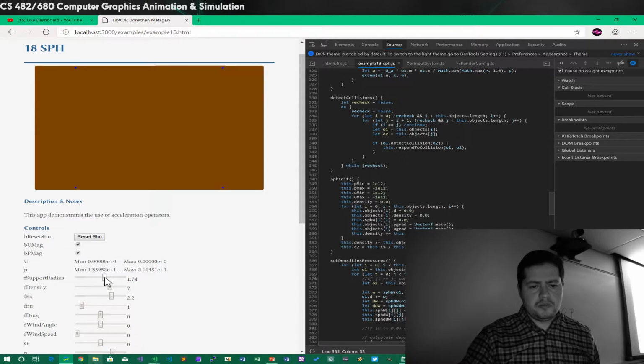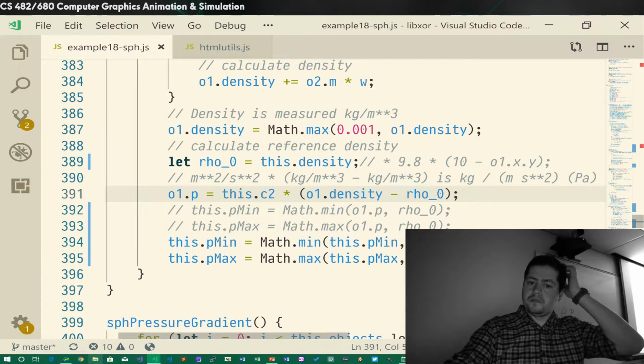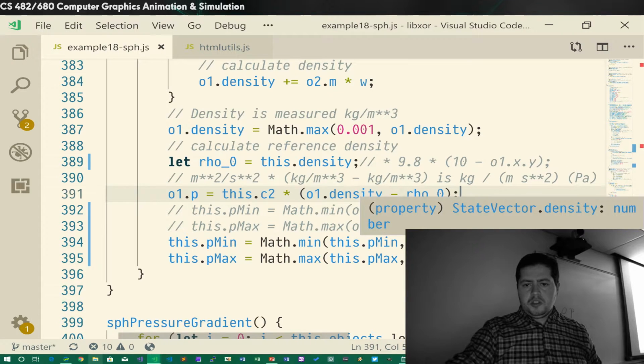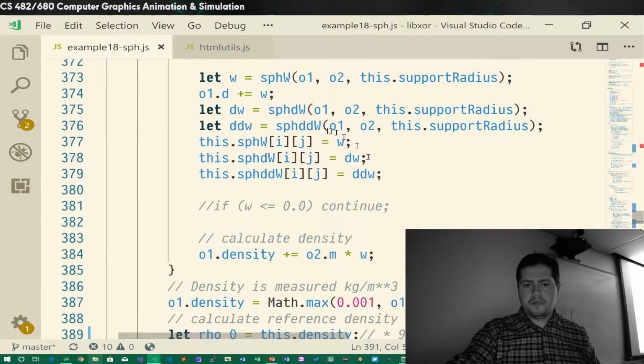Let's see here, 250 is the... So I think what's happening is we don't have a conservation of mass.